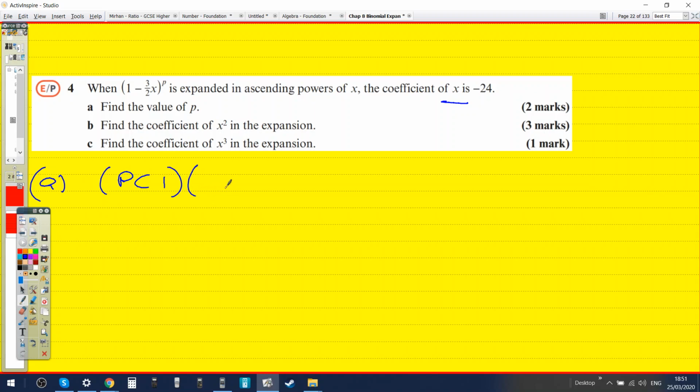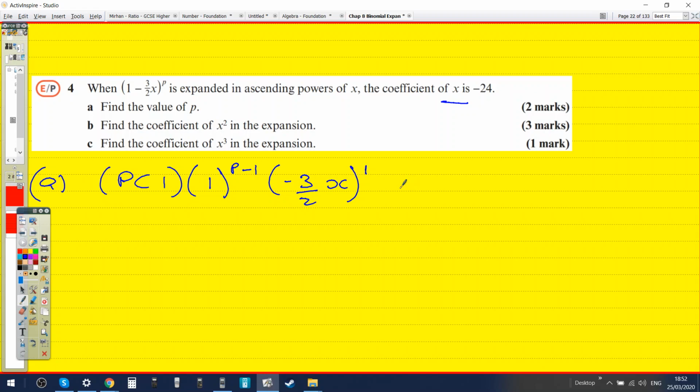And then 1 to the power of p minus 1. And then minus 3 over 2x to the power of 1.